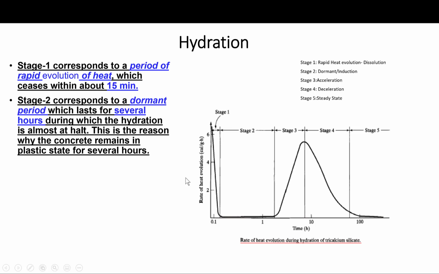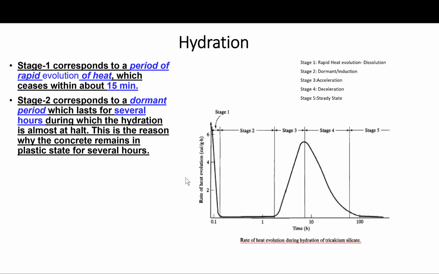So when first mixed with water, there's a period of rapid evolution of heat, which is stage 1. This stage ceases within about 15 minutes. There follows a period of relative inactivity, the induction or dormant period, stage 2, which is the reason why Portland cement concrete remains in the plastic state for several hours, which allows transportation, placing, and finishing.